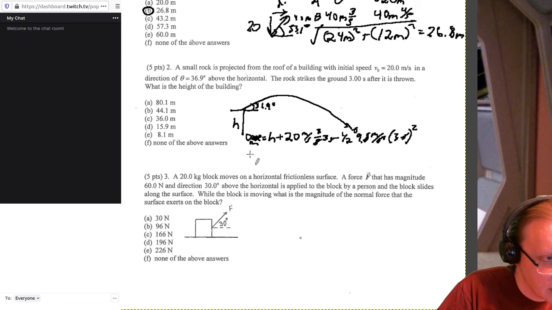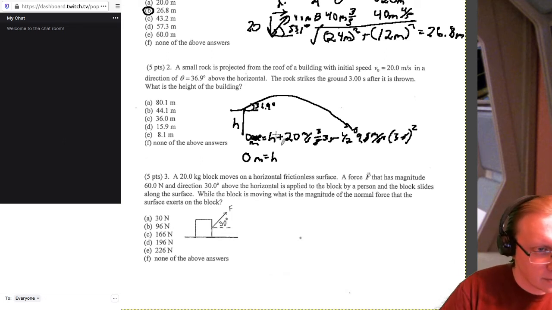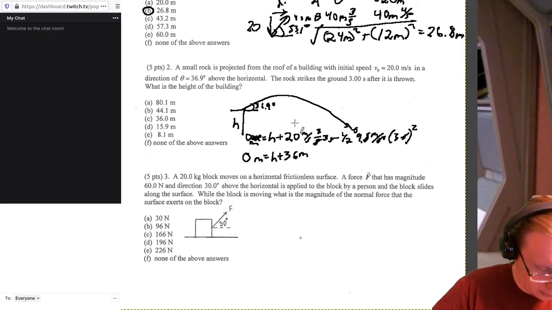Evaluate that, so we end up with 0 meters is equal to h plus the rest of that. 20 times 3/5 times 3 is 36 meters. And then when you subtract off 4.9 times 9, 44.1.